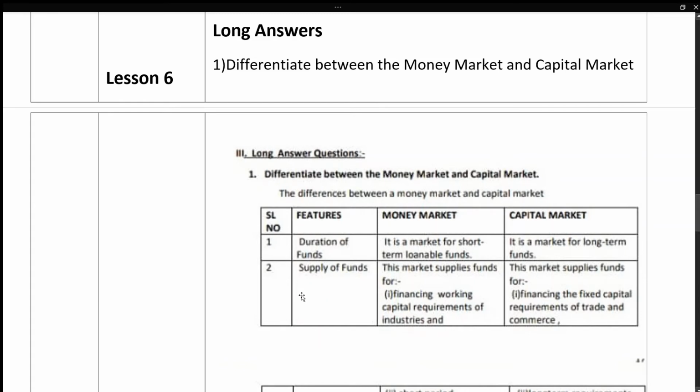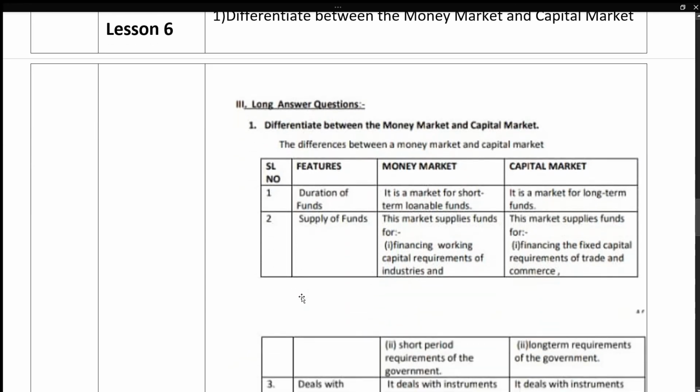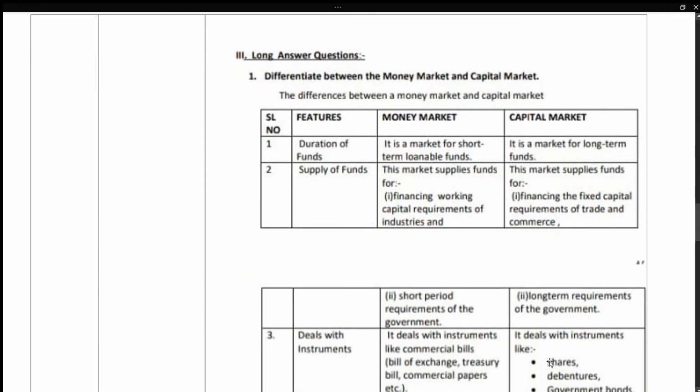This market supplies funds for financing working capital requirements of the industries and short-term requirements of the government. This is for short-term funds only. And next, this market supplies funds for the long term, that is for the fixed capital requirement of trade and commerce and long-term requirements of the government.